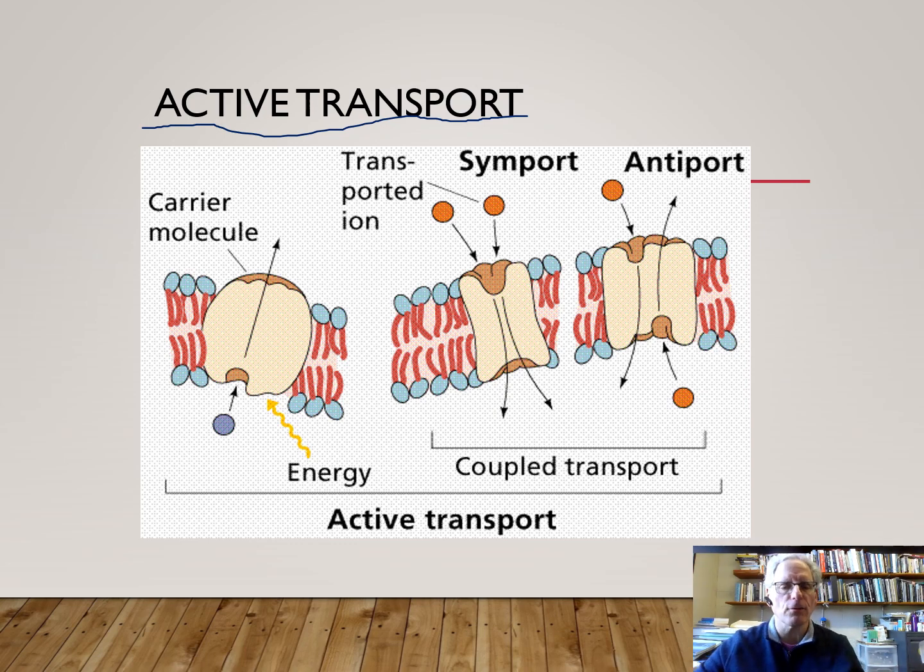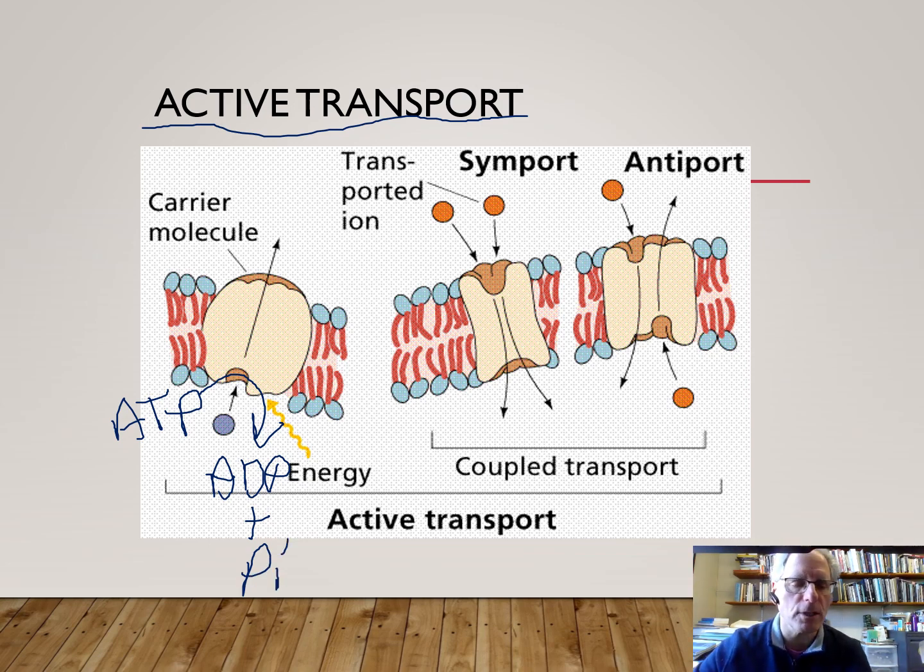There's primary active transport, where we have the direct hydrolysis of ATP. And the direct hydrolysis of ATP will pump molecules against their concentration gradients. And virtually all your ion pumps are primary active transporters, like your sodium potassium ATPase, your calcium ATPase, your potassium hydrogen ion ATPase, what have you.